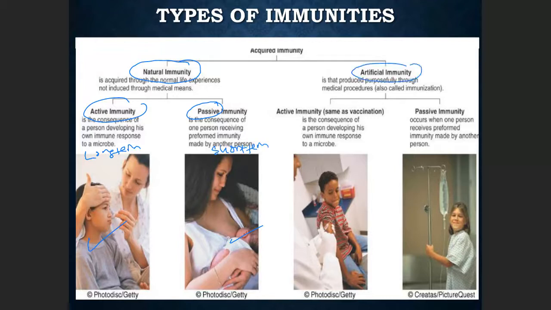The artificial is injection. This one is vaccination, which is injection of the weaker disease. Then it becomes active, it's going to be long term. Passive is just like this kid receives antibodies, injection of antibodies, it becomes passive. And this passive is going to be short. So short-term immunity for passive.